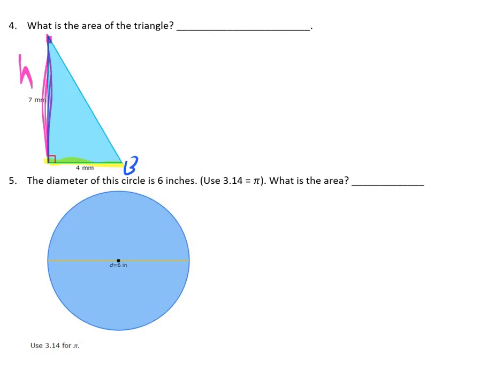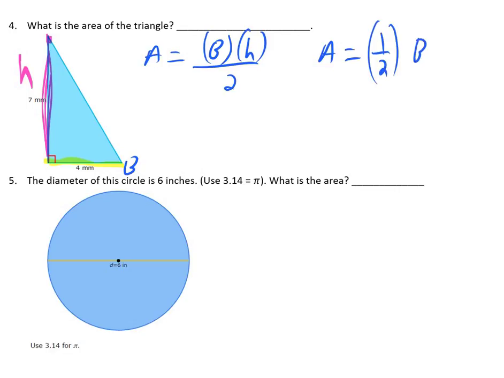What's the area of this triangle? Well, in this case, the formula of the triangle's area equals base times height divided by 2. Some people also describe it as area equals 1/2 times base times height. Whichever floats your boat, it's all good. I prefer this one myself.